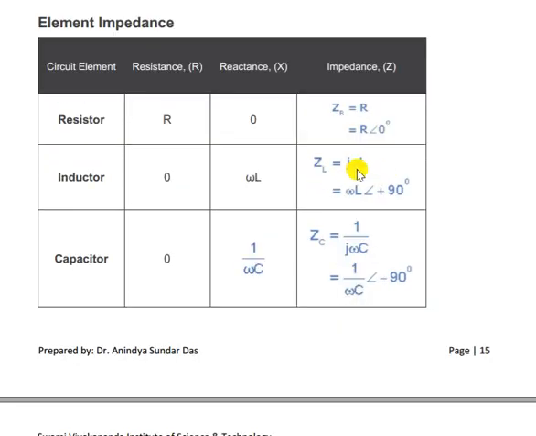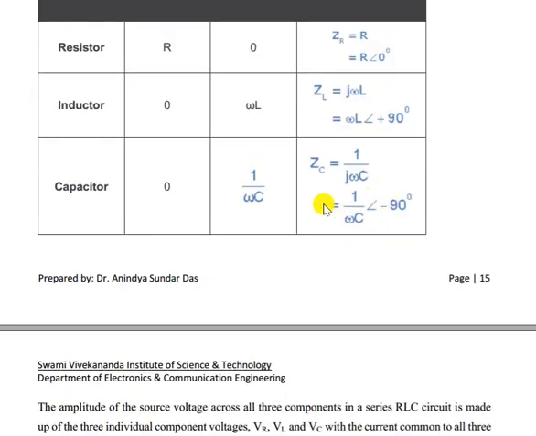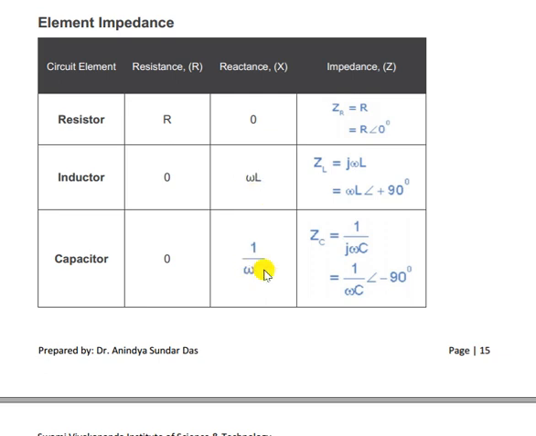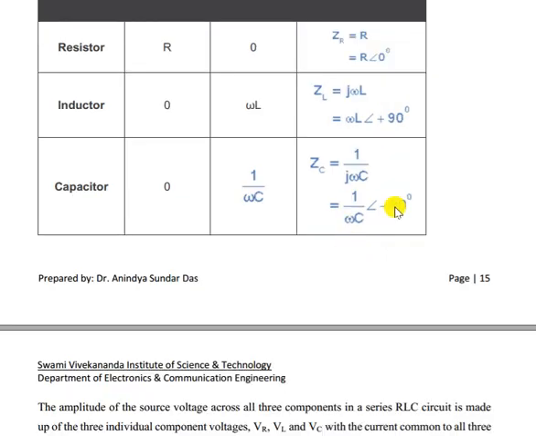That means we can write omega L at an angle of plus 90 degrees, because here voltage leads current by 90 degrees. Now for the capacitor, resistance is 0 and reactance is 1 by omega C. So ZC is 1 by j omega C. Here we can multiply by j, and j squared is nothing but minus 1. That j is an imaginary operator. That will be minus 90 degrees.